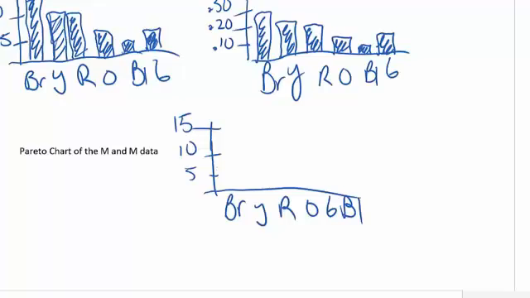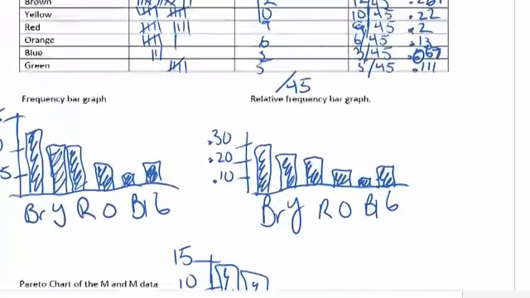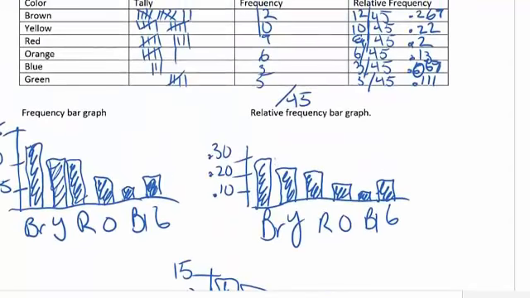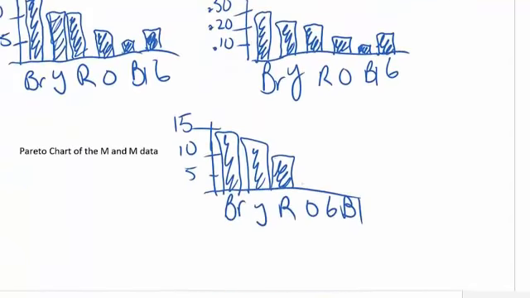But other than that, it's going to have the same sort of look, except it'll be descending. I forgot what red was. Red was 9. Orange was 6, and then 5. Okay, so that's really the only significant difference here.